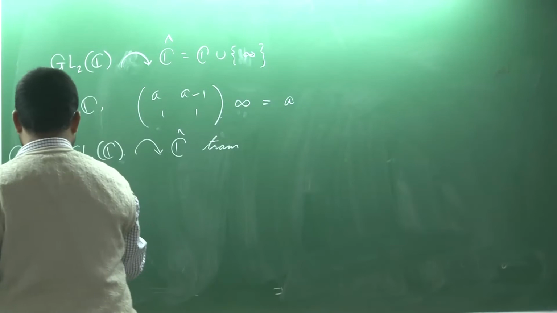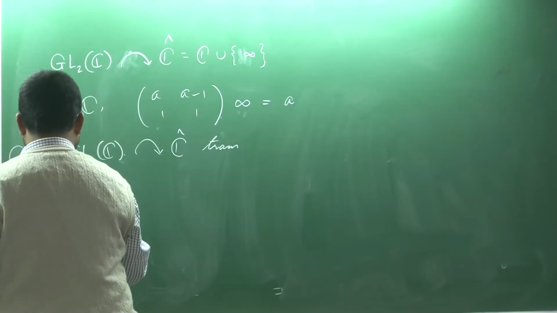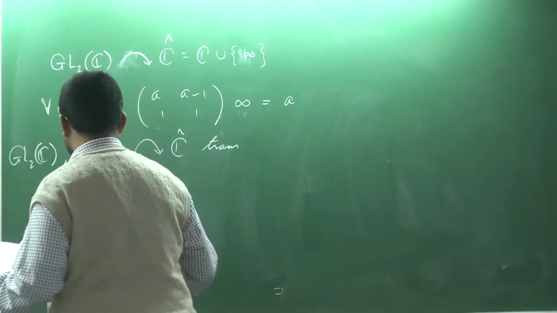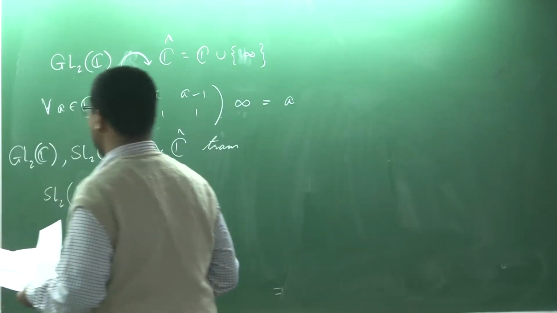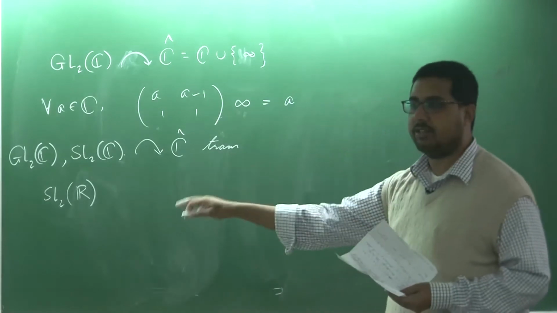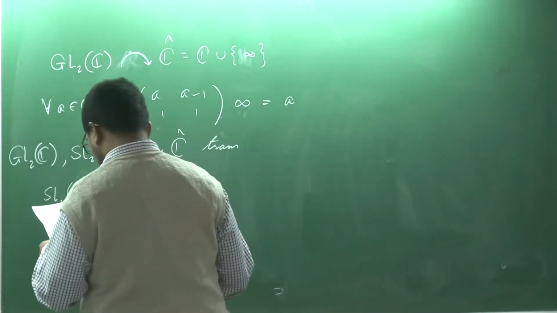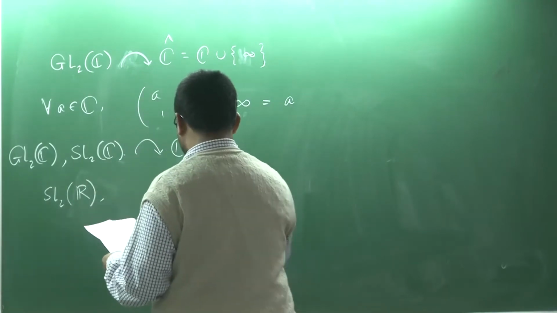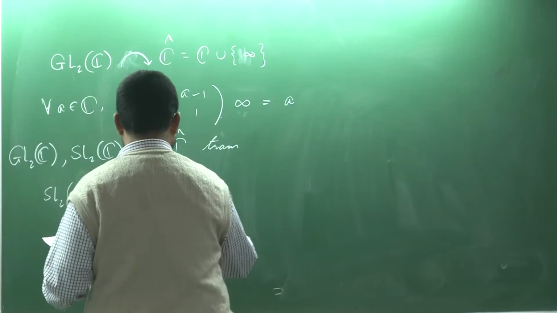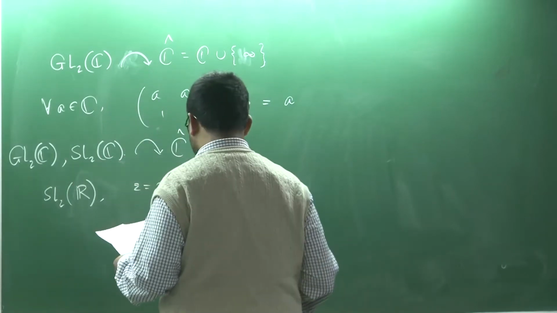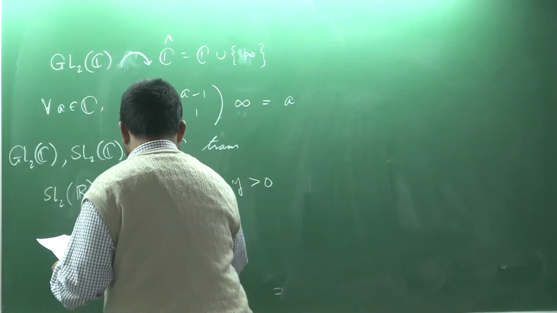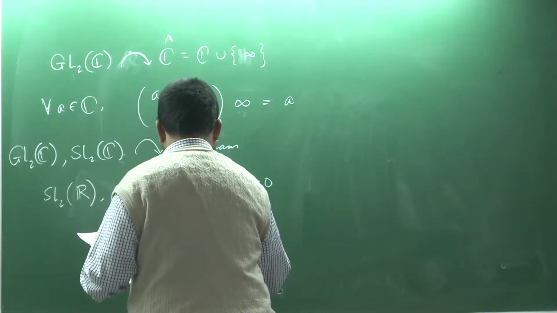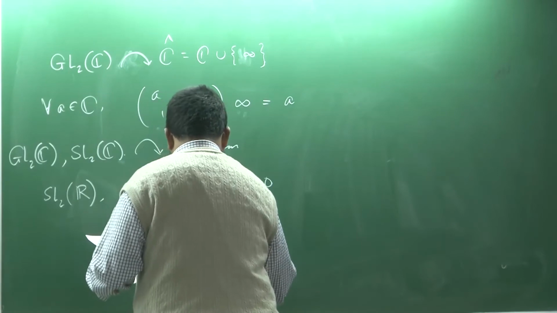Now, inside SL2(C) we have SL2(R). Let us look at the orbits once we restrict this action to the subgroup SL2(R). Let us observe that if z = x + iy with y positive, then we can consider the matrix (sqrt(y), x/sqrt(y); 0, 1/sqrt(y)).